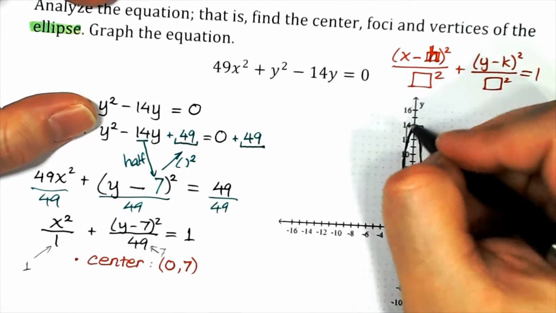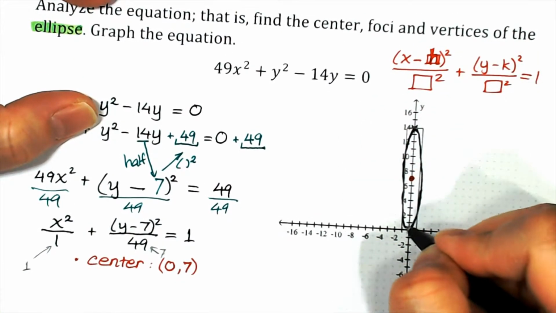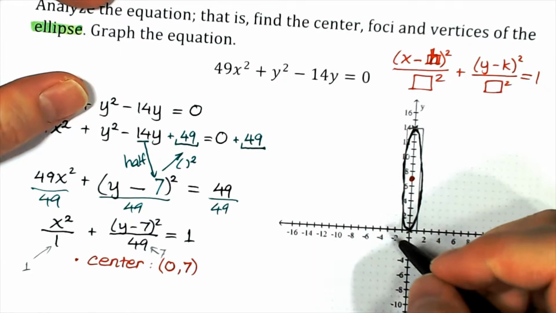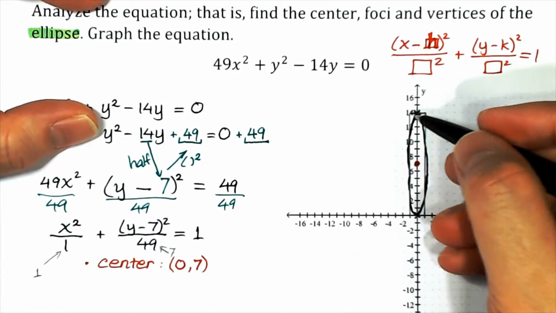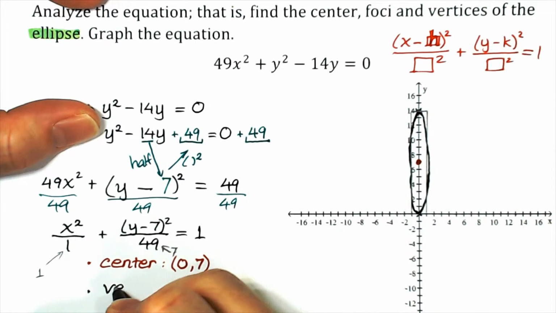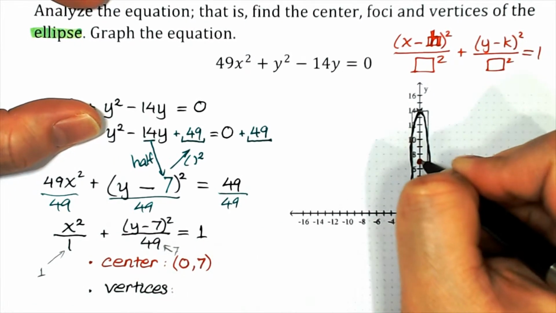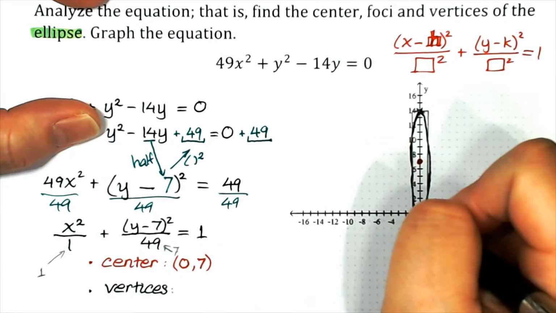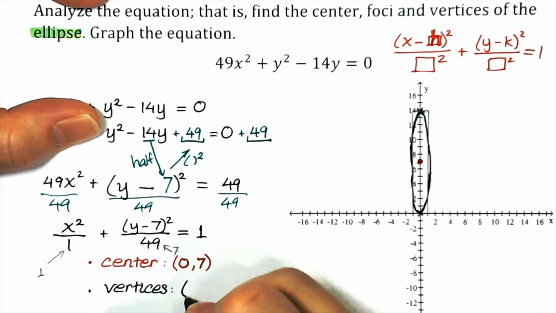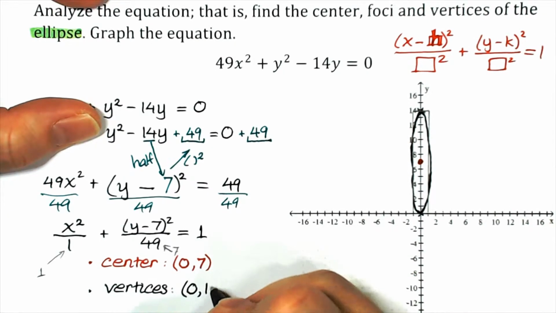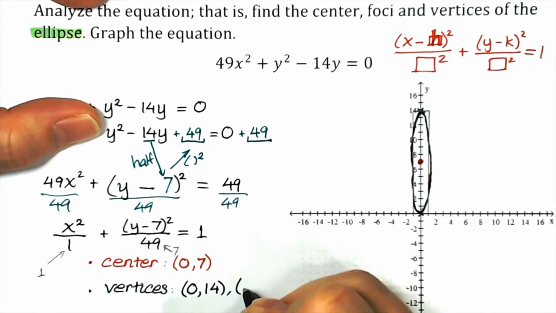We see that the furthest point away from the center is going to be the vertex. So by inspection, we know the two vertices: x equal to 0, y equal to 14, and x equal to 0, y equal to 0.